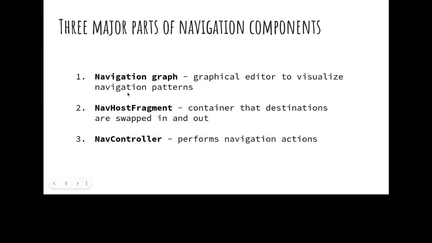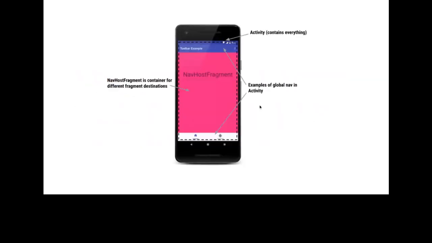So you should keep these three major parts of navigation components in mind. You have the navigation graph, which is the editor where you can drag and drop. You have a Nav Host Fragment, which acts as a container that fragments can come in and out of. Then the functionality of swapping fragments or activities in and out is managed by the nav controller. So we spoke about the nav host fragment.